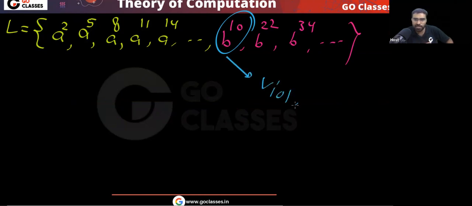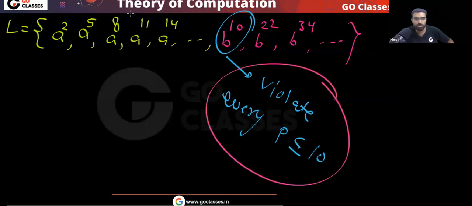Agree? Yes or no? This one string, b power 10, will violate every p less than equal to 10. Do you agree with me? Please tell me.